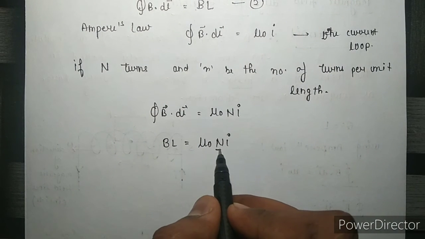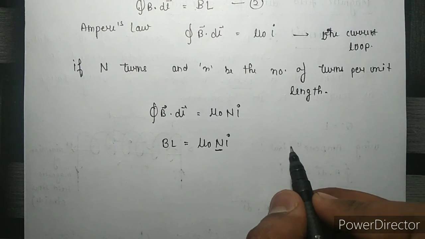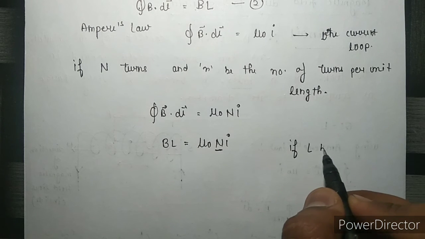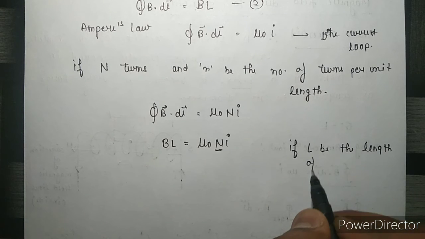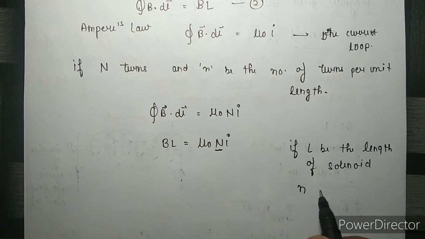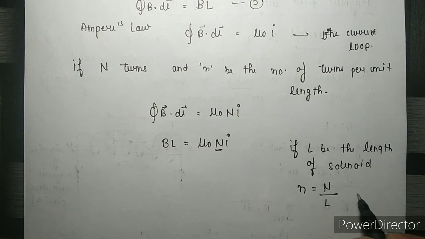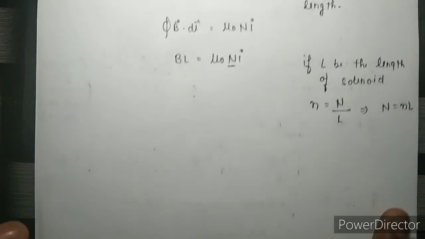Here N is the total number of turns. If L is the length of the solenoid, then n, the number of turns per unit length, is capital N over L, so capital N equals nL.